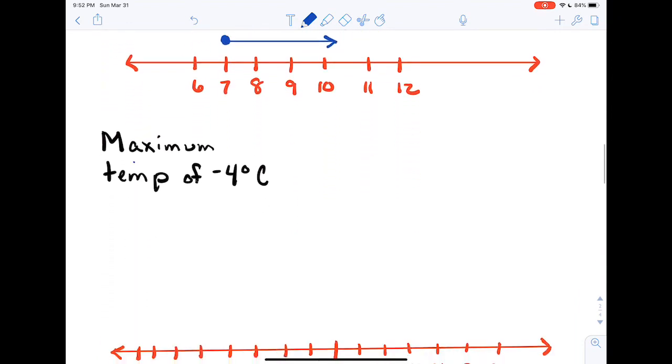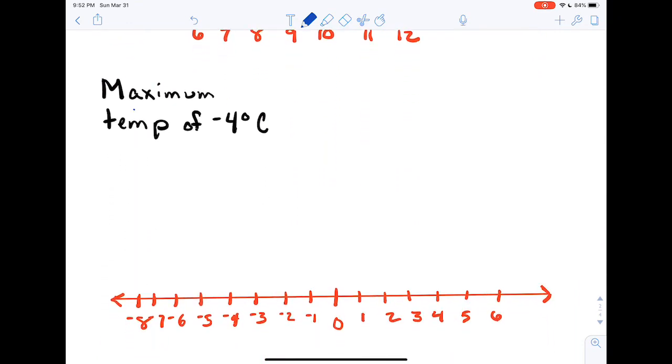Let's take a look at another example. So let's say I went to visit my friend Jennifer in Whitefish, Montana. It gets very cold there. And let's say that the maximum temperature during my trip was -4 degrees Celsius. That's as high as it got.